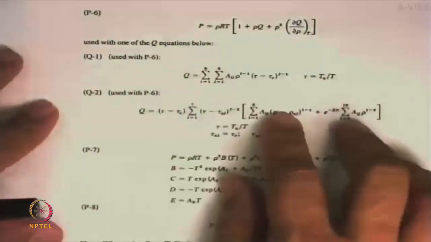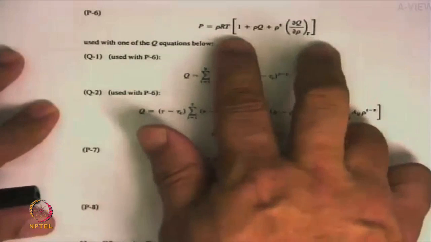So that's okay. The reason we put these is that for some materials, some equation fits best. For some other materials, some other equation fits best. So like this, we have many other equations coming in here. The equation that is of use to us for water is this equation, P equal to rho RT multiplied by this thing.